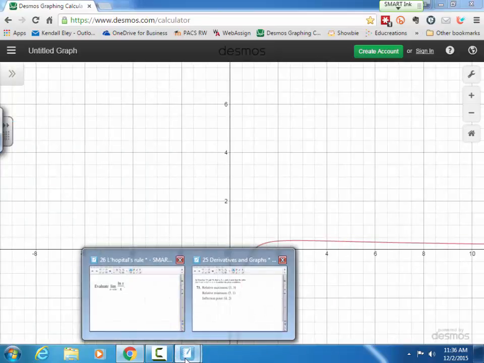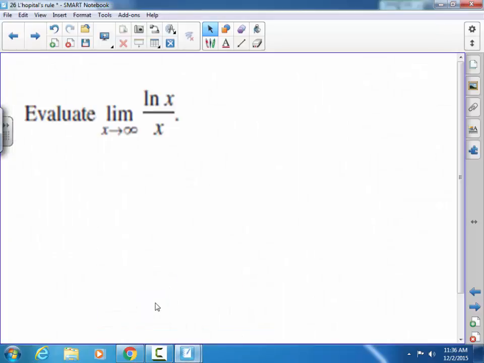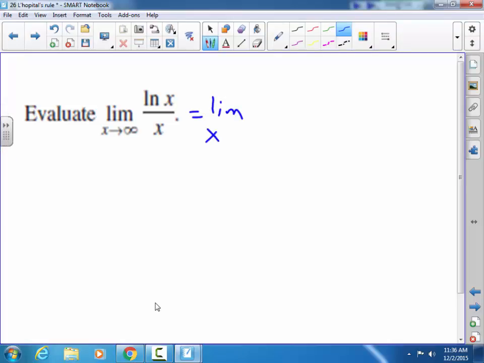Okay. So when we plug it in, we get infinity over infinity. What's the derivative of ln of x? 1 over x. So we can change this to the limit as x approaches infinity of 1 over x over 1, which just becomes the limit as x approaches infinity of 1 over x.